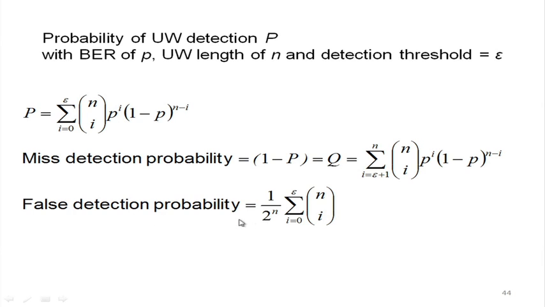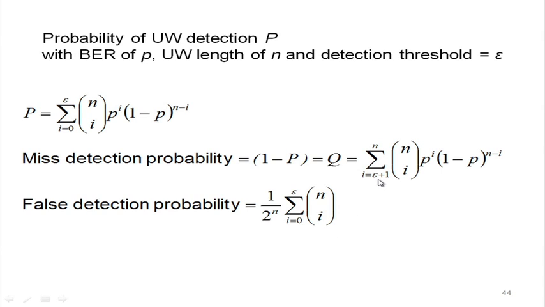And the probability of false detection is 1 by 2 to the power n, times the sum over I from 0 to epsilon, if you have epsilon tolerance, of nCI. So, based on the probability of misdetection, we have reduced the probability of false detection.